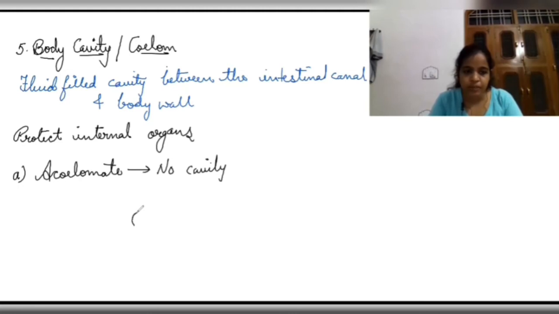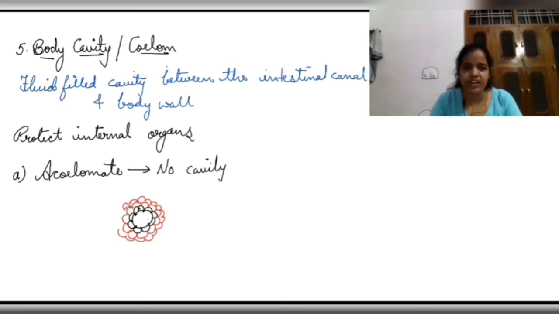So this is the gut. Then we have the endoderm, which is lining the gut. Then after endoderm, we have the second germ layer. Remember, acoelomate and pseudocoelomate we talk about in the case of triploblastic, not in the case of diploblastic organisms, because mesoglea is itself an undifferentiated layer of cells, right?